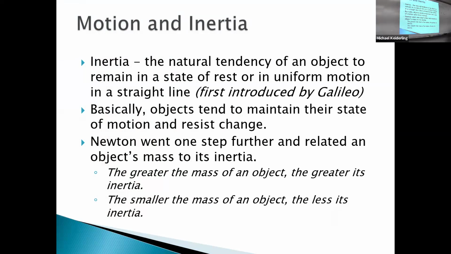And the more massive an object is, the harder it is to change its motion. So Newton went one step further and he related an object's mass to its inertia. The greater the mass of an object, the greater its inertia. The lower the mass of an object, the less its inertia. It is harder to move big, massive things than little light things. Basically, that is what it boils down to.